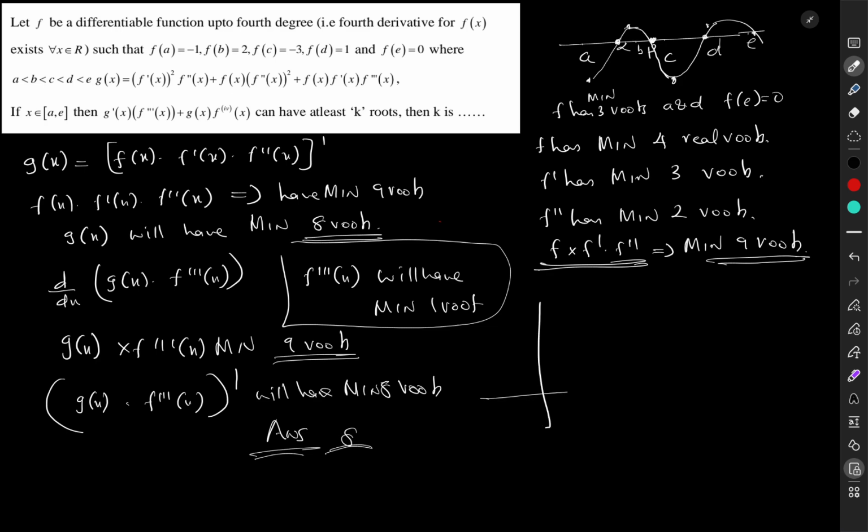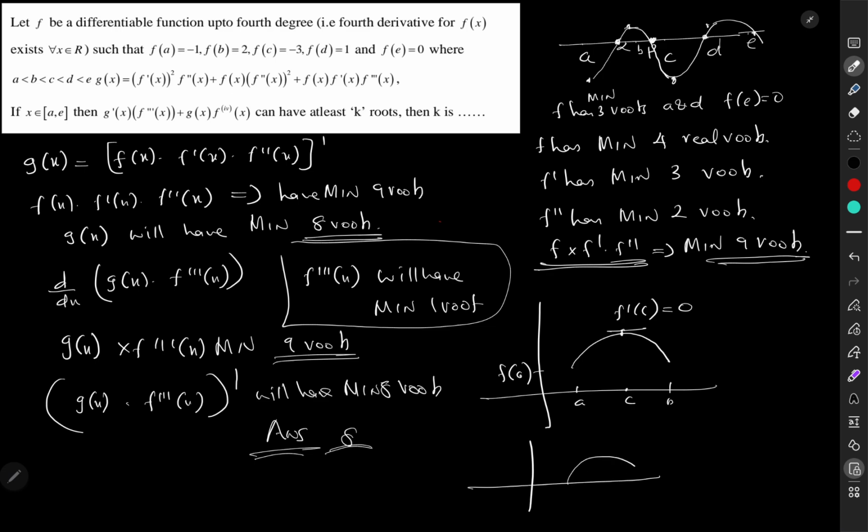If you have any doubt, let me just revise Rolle's theorem for you. This is A, this is B, and f of A and f of B are both the same. So between them there will be at least 1 root, c, such that f dash c will be 0.